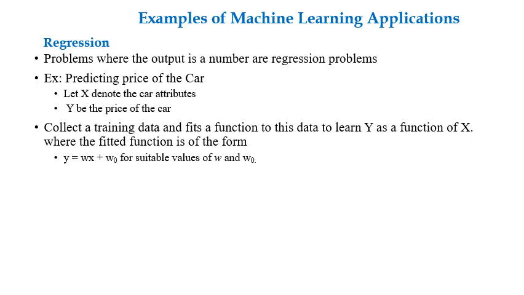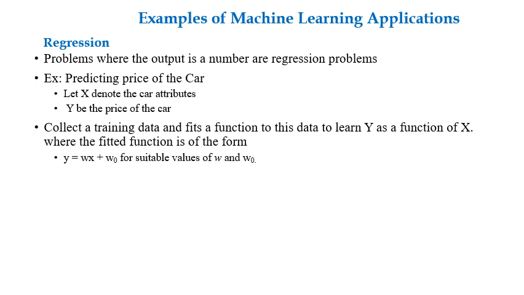Another kind of machine learning application is regression, where in this kind of problem we will be finding the output as a number instead of classifying them. For example, if you are building a model to predict the price of a car, we will be giving various attributes of the car as input, and y will be the price of the car.